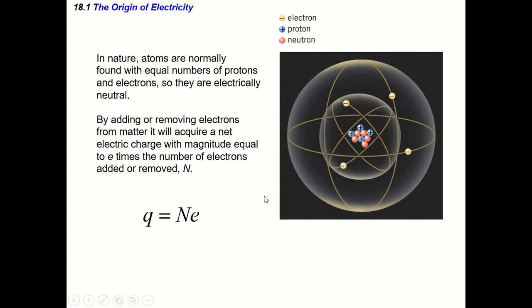In nature, atoms are normally found with equal numbers of protons and electrons, so they are electrically neutral. By adding or removing electrons from matter, it will acquire a net electric charge with magnitude equal to e, the charge of an electron, times the number of electrons added or removed, call it N. So the charge is equal to N times e.